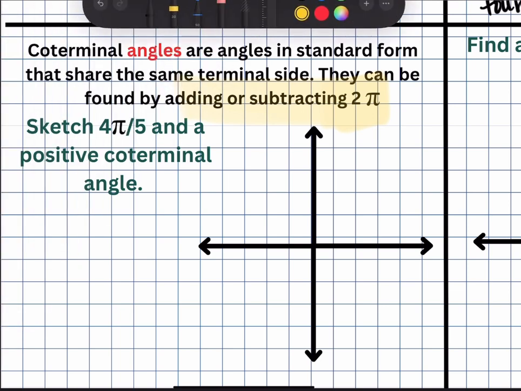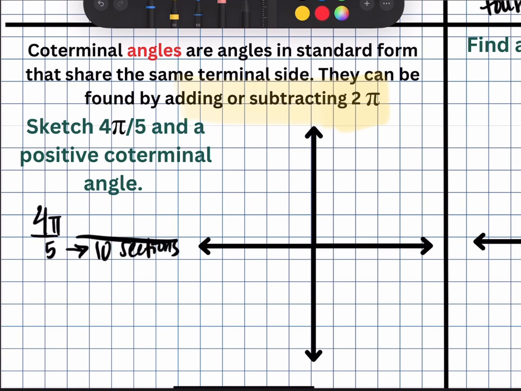Okay? So they're asking me to sketch 4 pi over 5 and find a positive coterminal angle. So first, let's start by sketching 4 pi over 5. And I know that 4 pi over 5 means that I'm going to create a total of 10 sections, okay?